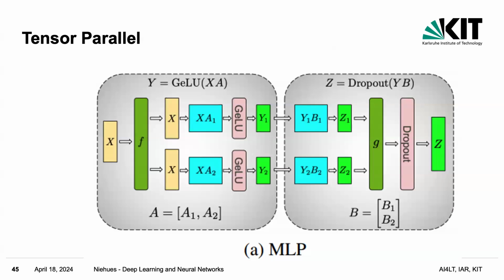You can even have some more layers, for example a dropout, exactly the same. You can do that further, and then combine at the end. With this, you can do some of the calculation more efficiently or distributed.